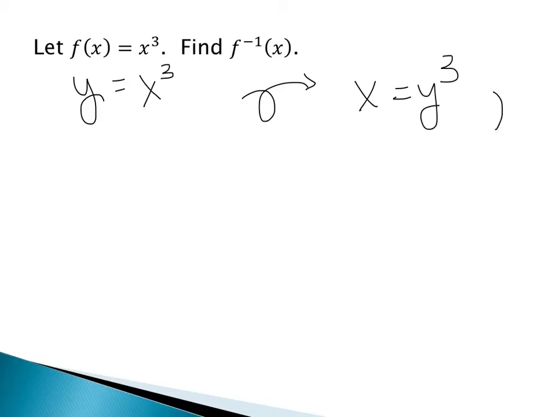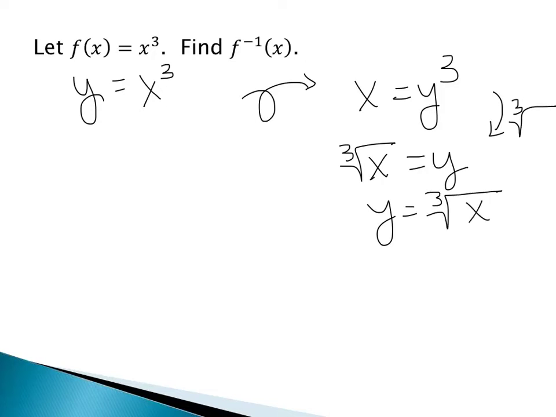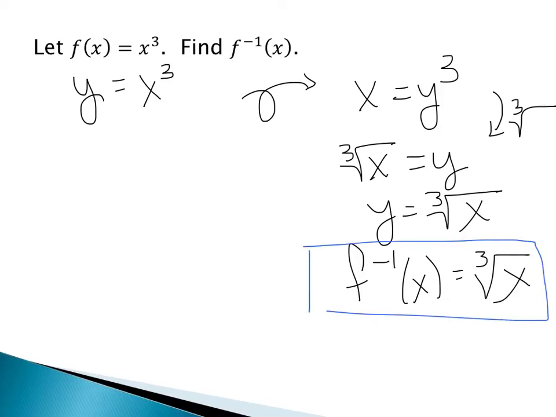We now need to solve for y, so we're going to take the cube root of both sides. That means the cube root of x equals y. Switch the order because we like it on the left. And now rename it. We have found the inverse of the original function.